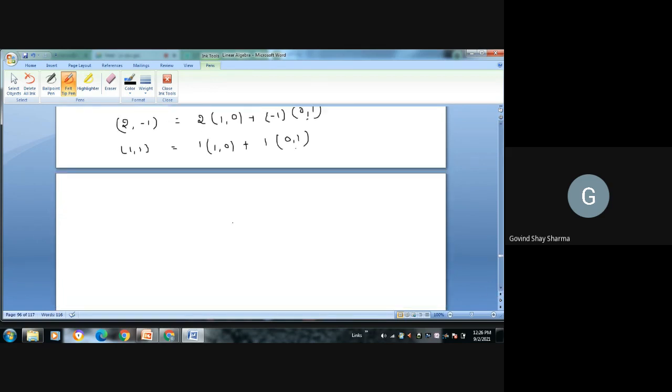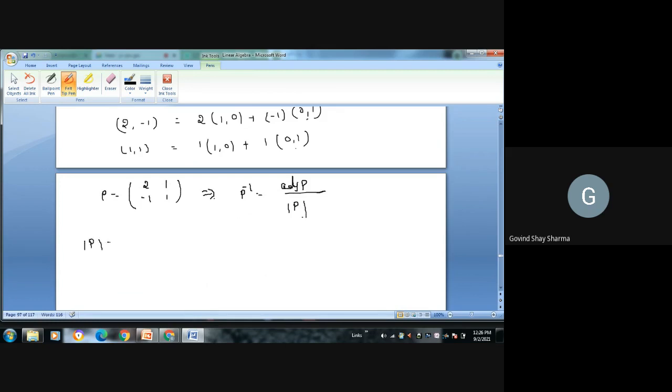So P has columns (2, -1) and (1, 1). We find the inverse of this.